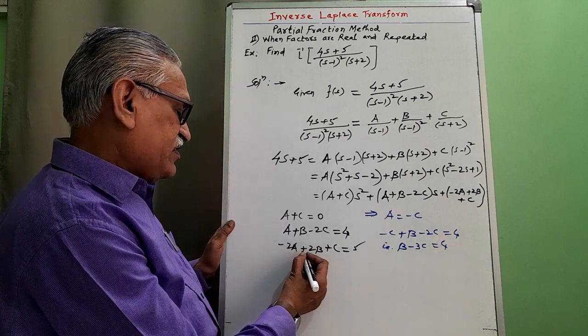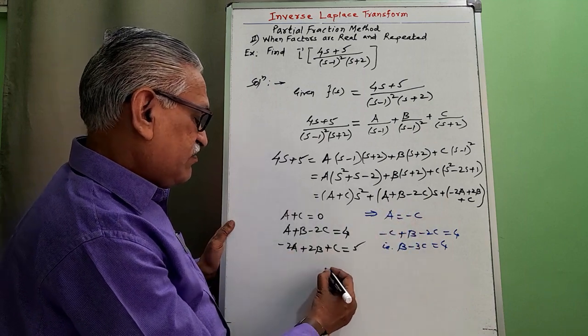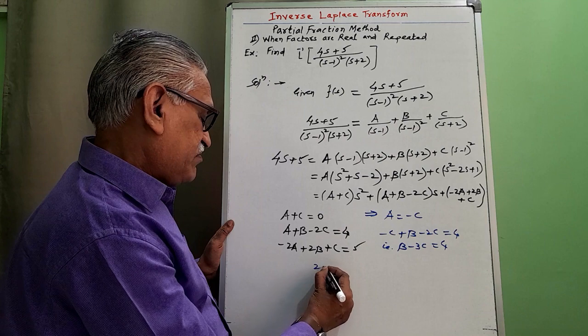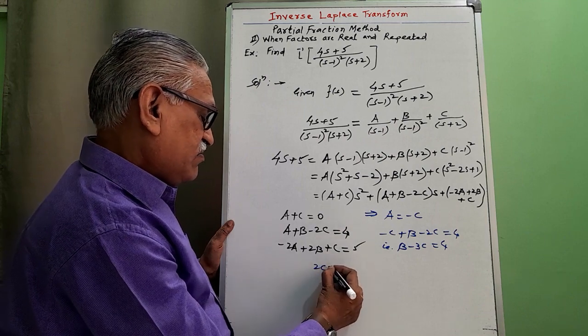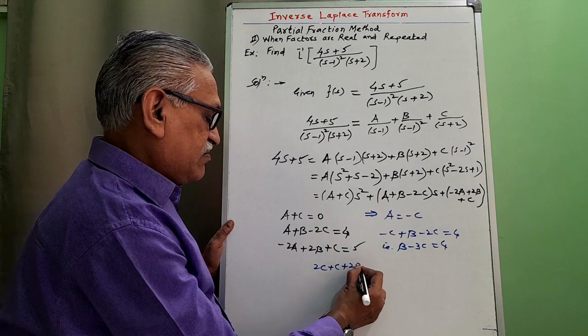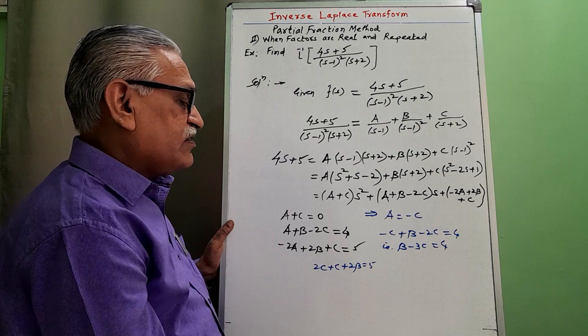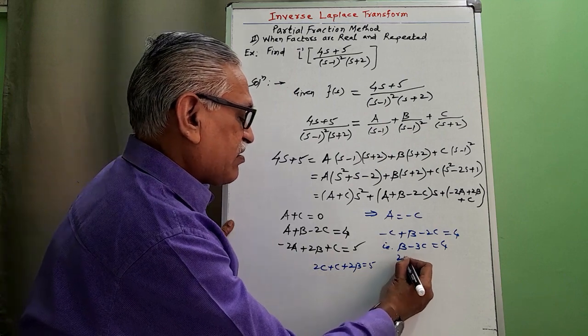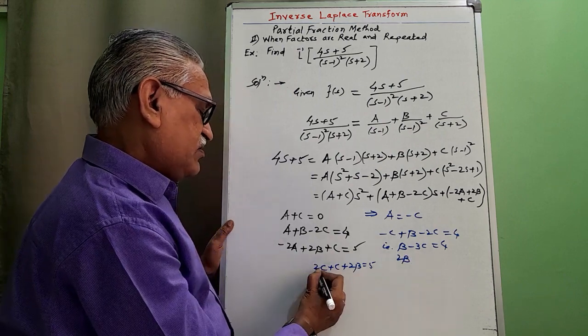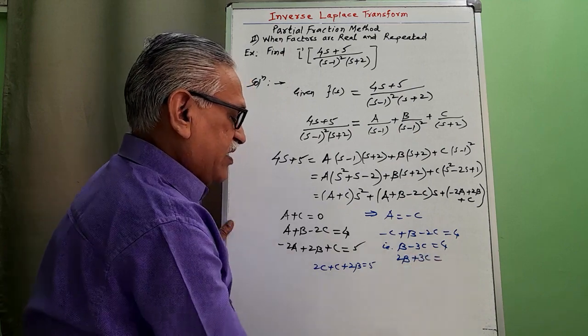And from this we get, substituting a as minus c here, we get 2c plus c and plus 2b is equal to 5. We get 2b, 2c plus c, we get 3c, and that is equal to 5.